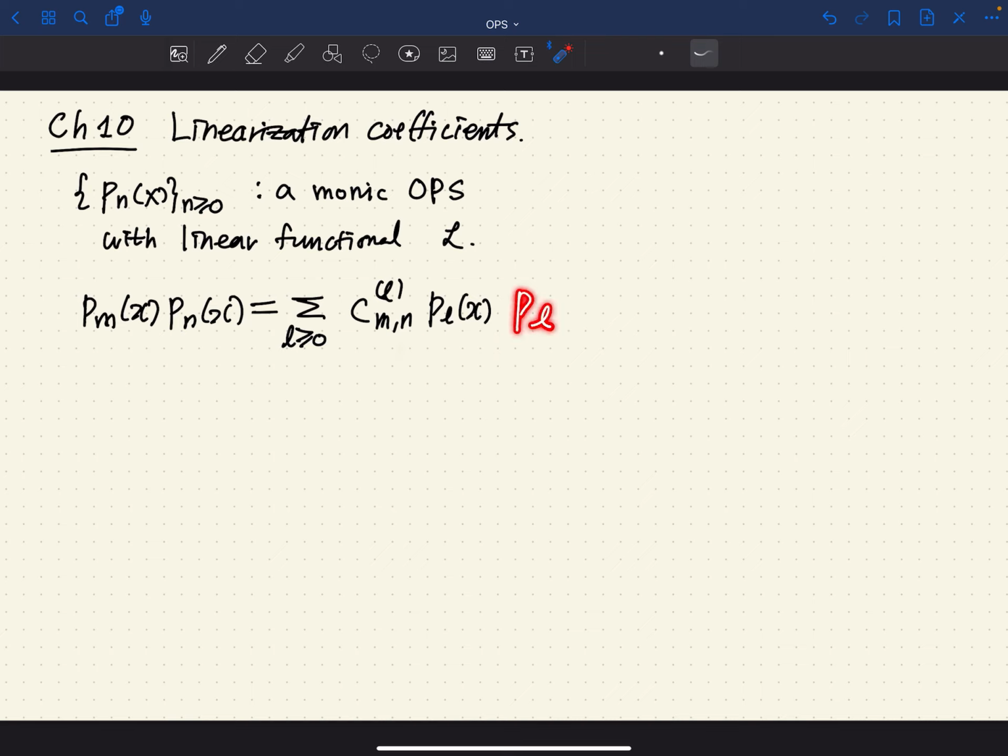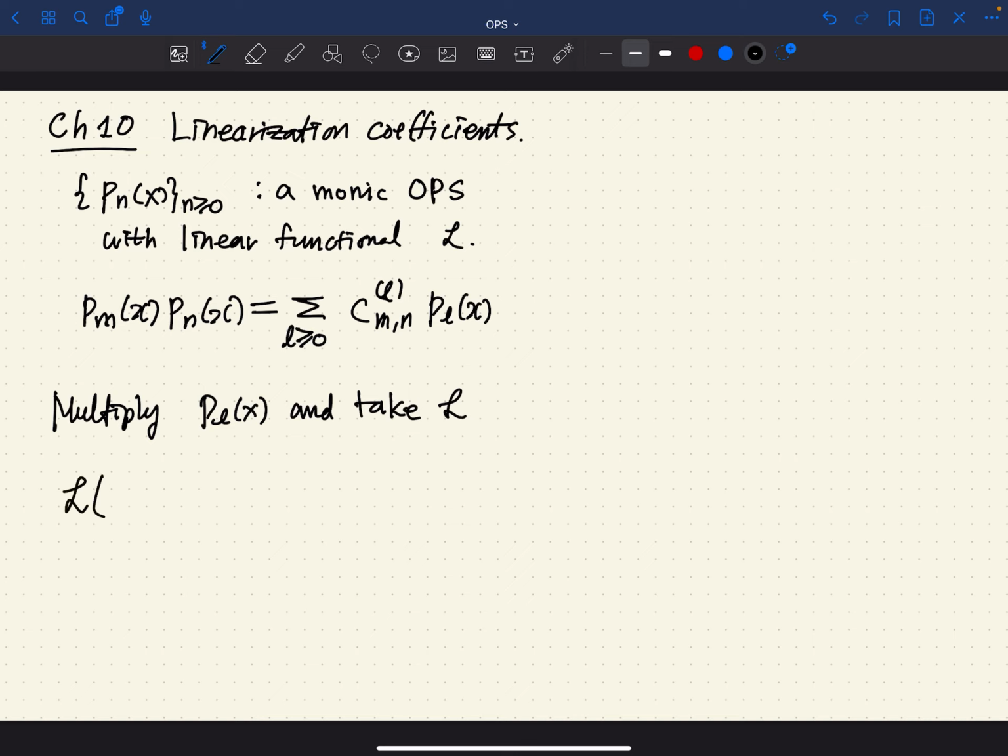We can compute this quite easily, at least in the form of a linear functional. We multiply by p_l on both sides and then take the linear functional, and then we will only get this. The other terms will disappear. So multiply by p_l(x) and take the linear functional L, then we will get L of p_m p_n, maybe let me just omit x, equals, we have only this term surviving, L of p_l squared.